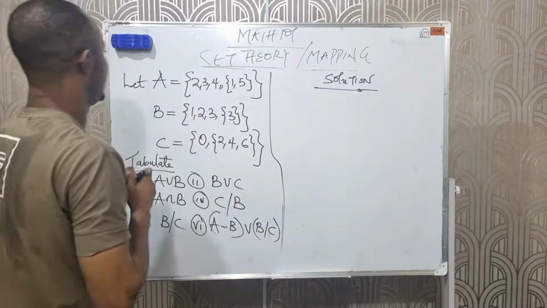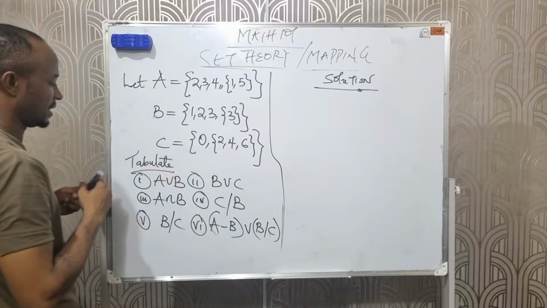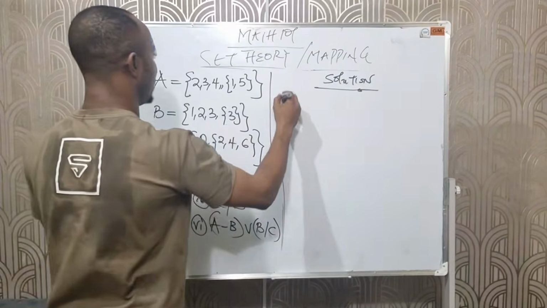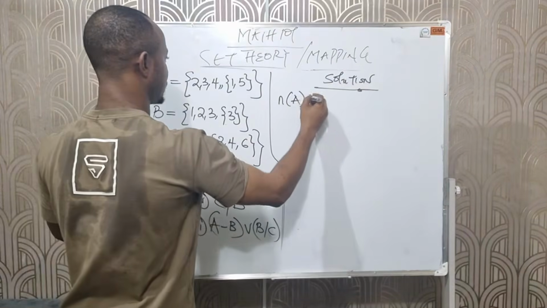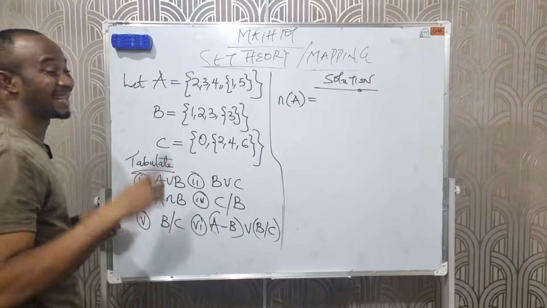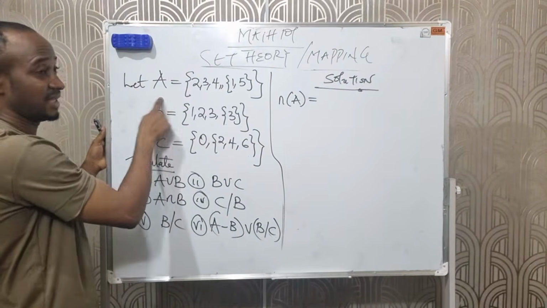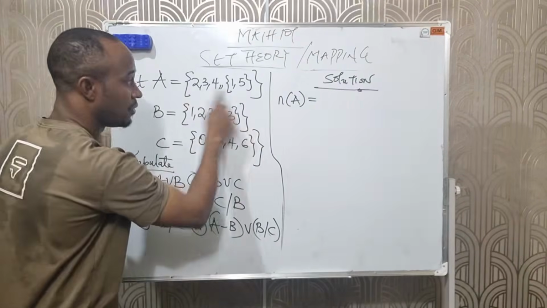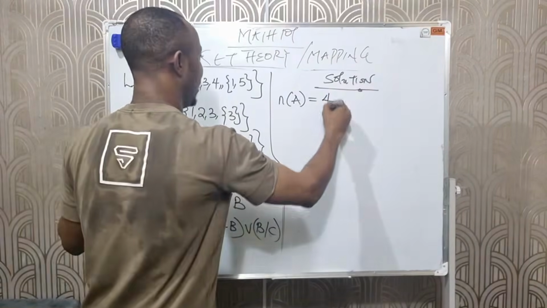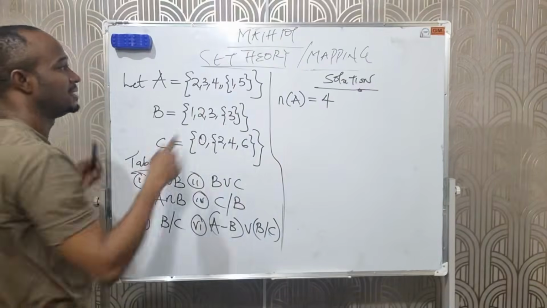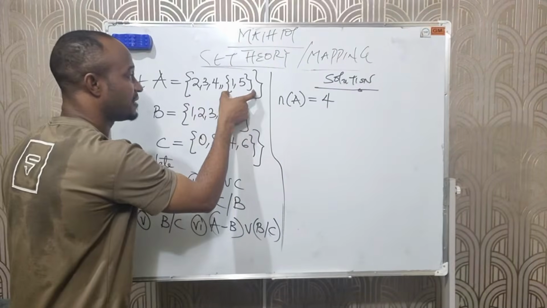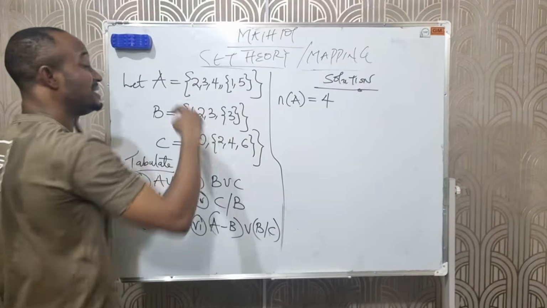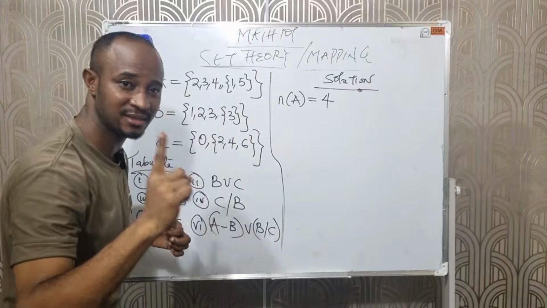That means that if we have to find the number of elements in A, or the cardinality of set A, it is simply 1, 2, 3, and 4. Set A has 4 elements because the set {1, 5} located inside set A is treated as one element.